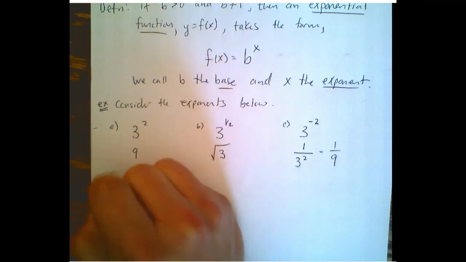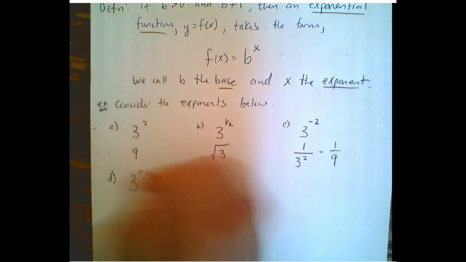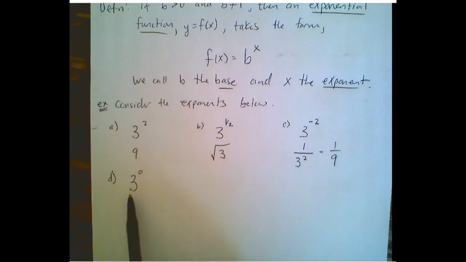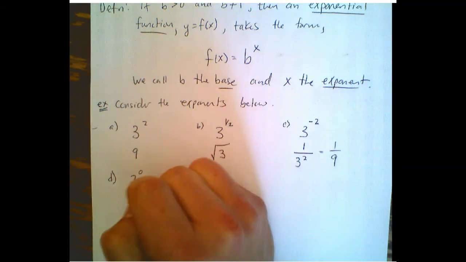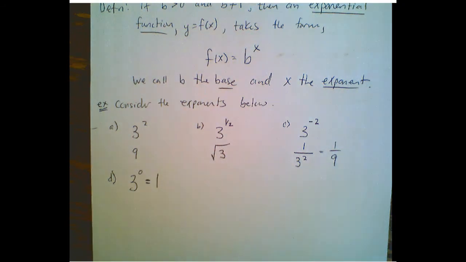One more. If we have 3 to the 0 power, note that any number raised to the 0 power is equivalent to 1, no matter what. So 1,000 raised to the 0 power is 1. Knowing how to handle these different types of exponents will help us to graph the function. Okay?